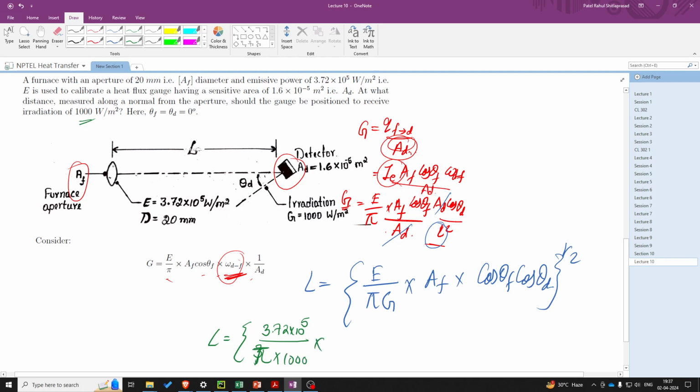The area of this will be pi times 0.02 whole square, pi r square. Then theta F and theta D will be 0 because both of them are at the same angle. So cos of theta F and theta D will be 1 into 1, whole raised to 1 by 2. So this you can calculate. Pi will get cancelled out.